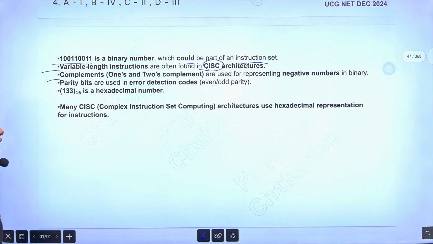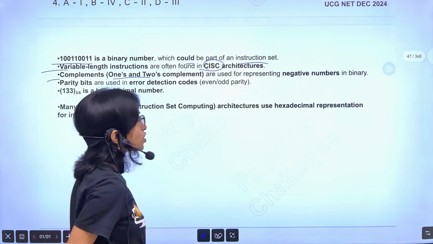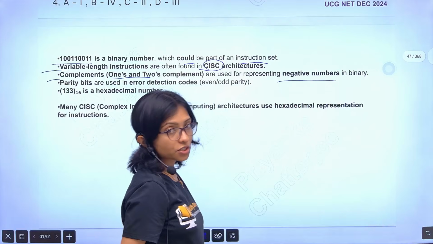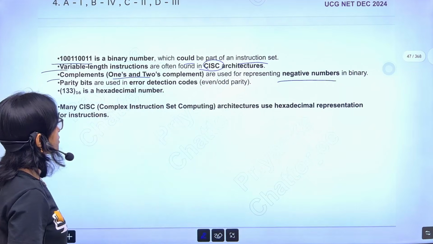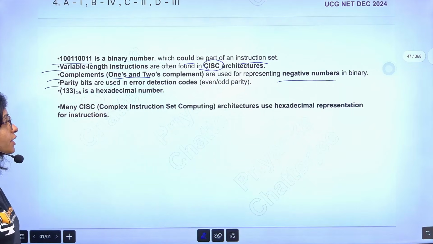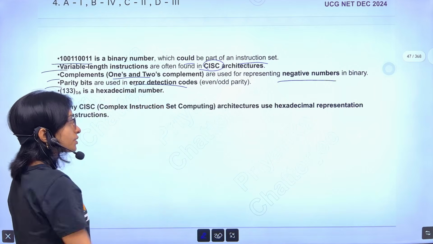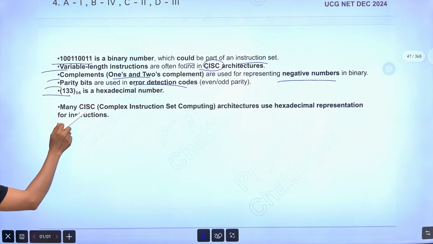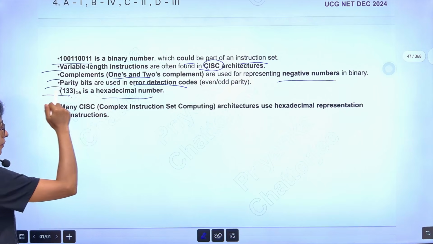Complements means ones or twos complement, two types of complements are possible. For negative number representation we are using twos complement. Parity bit is used for error detection, even or odd parity is possible. And 113 base 16 is a hexadecimal number.